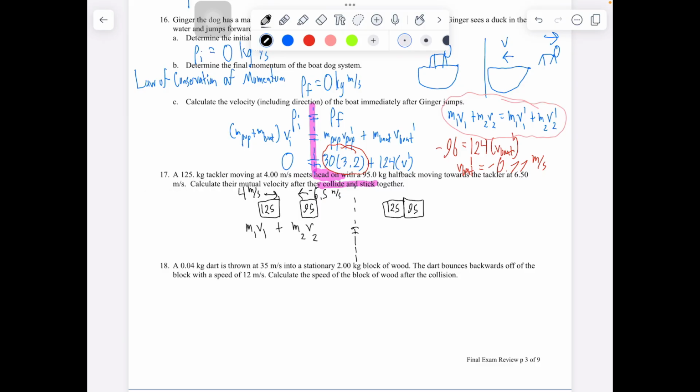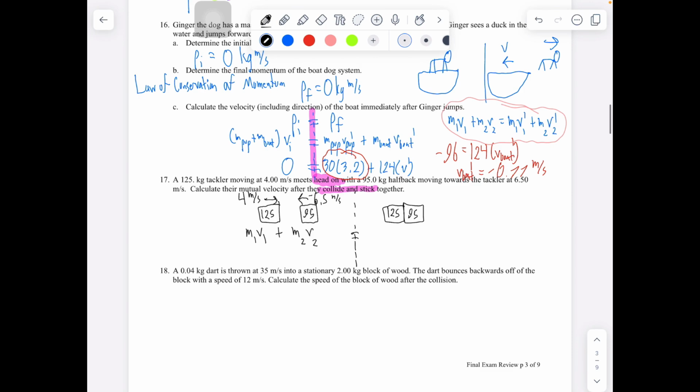But on our right-hand side, don't separate your two terms. Treat these tacklers, these football players, as one object. When they collide and stick together, they must have the same velocity. So let's simplify that. Really it's just m1 plus m2. Treat it as one mass, just combining them, adding them together, traveling at some final velocity.